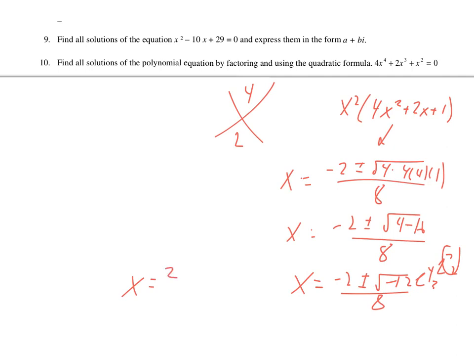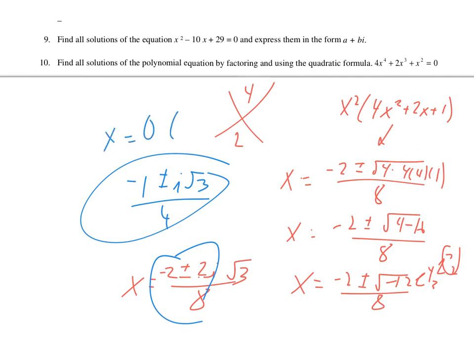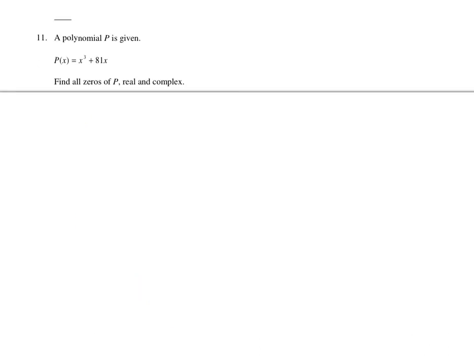It was negative in there. So we're going to take out 2i and go rad 3 all over 8. Then we can reduce everything and call it negative 1 plus or minus i rad 3 all over 4. Oh, also x equals 0 with multiplicity 2 is zeros because of this x squared we pulled out.